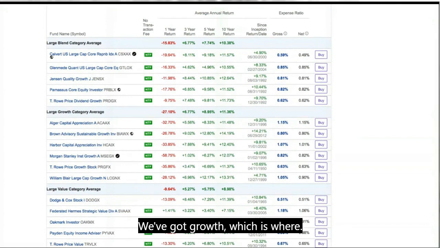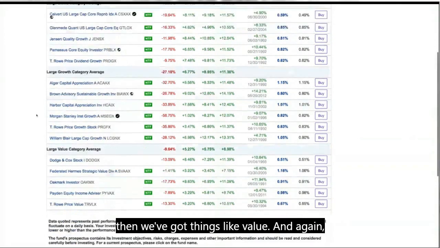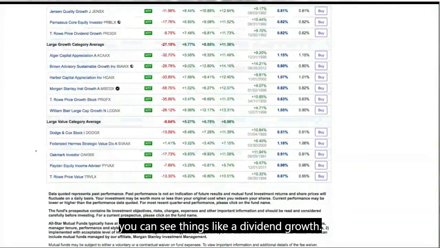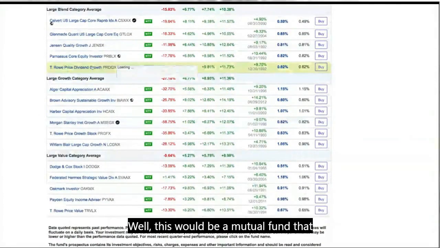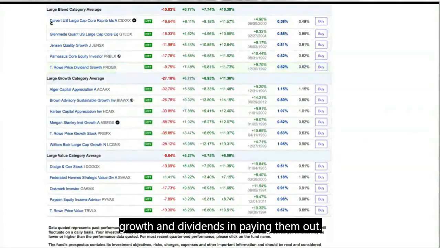So growth is where it's all getting tied back in. And then we've got things like value. And you can see things like dividend growth. This would be a mutual fund investing in companies that have both growth and dividends and pay them out.